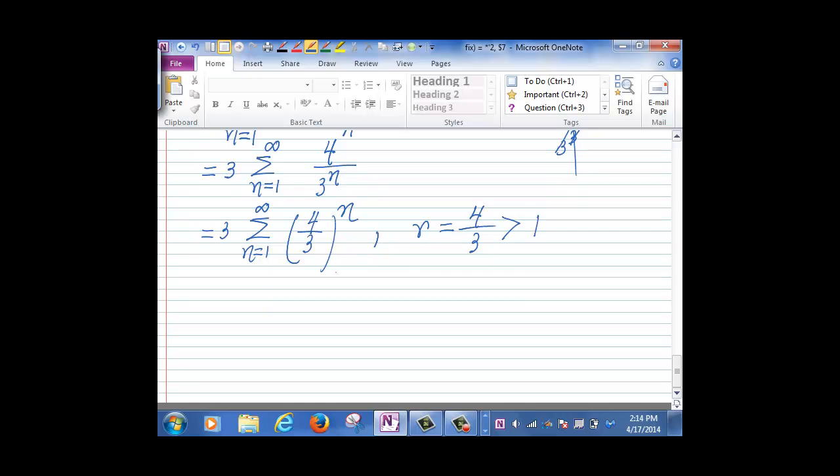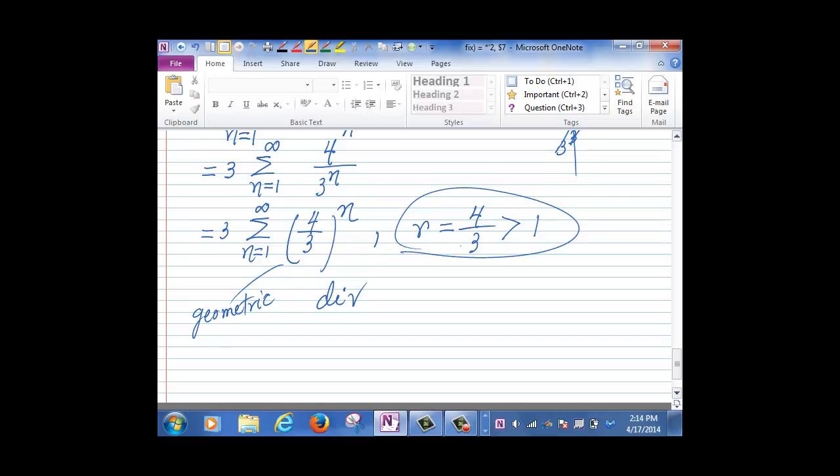When the common ratio is between -1 and 1, it is convergent. So this is divergent, because this is a geometric series with common ratio r bigger than 1, and we know that in that case the series is divergent. I don't care what a is in this case, because if it is divergent, there is no sum, and a doesn't play any role if I'm not talking about the sum.